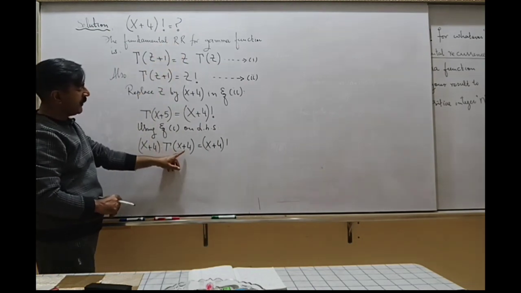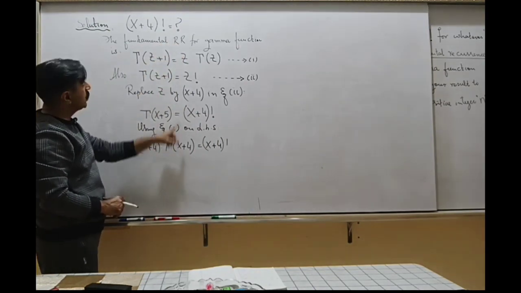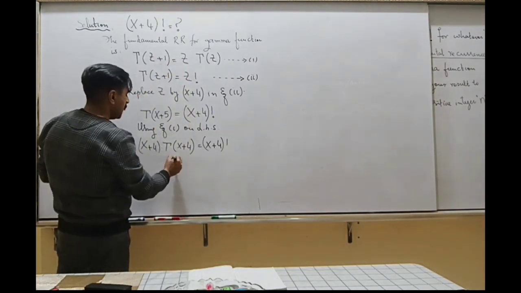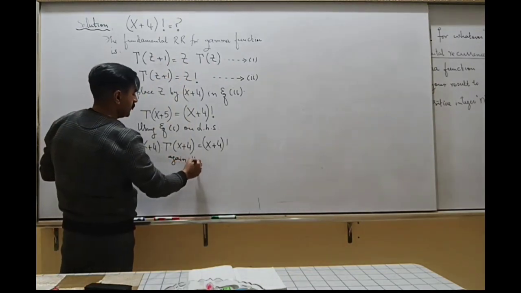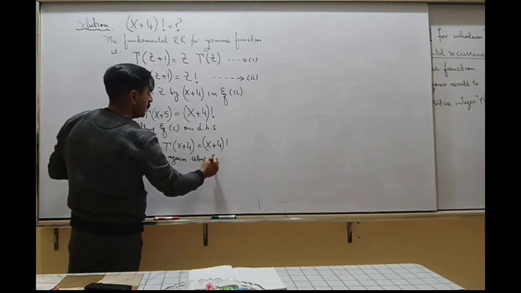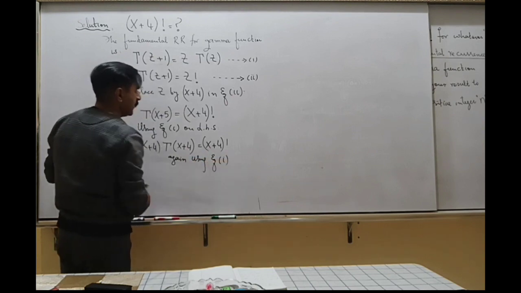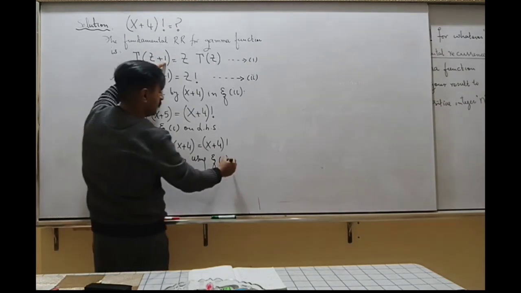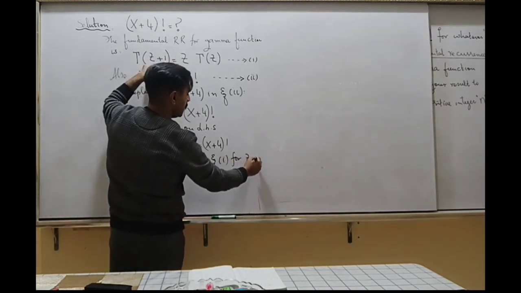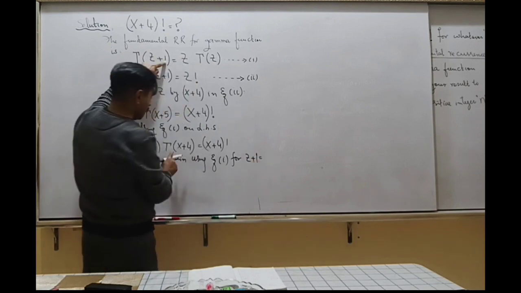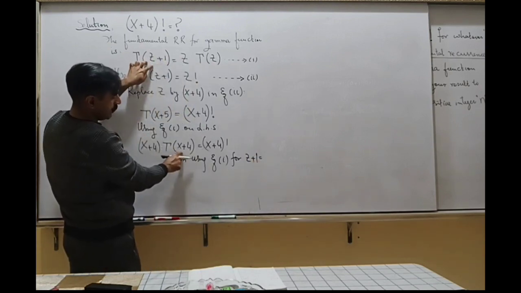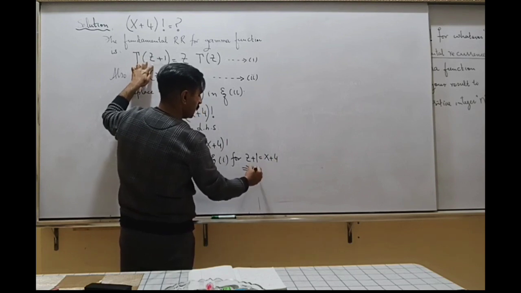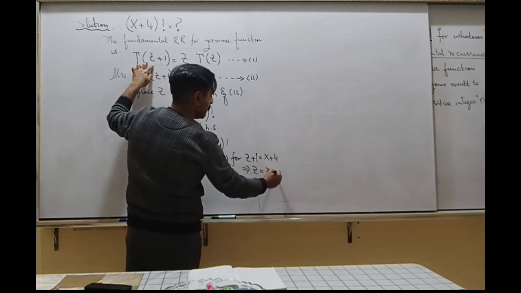Now you have gamma x plus 4, and use equation number 1 again. Using equation number 1, for z plus 1 equal to x plus 4, that means z is equal to x plus 3.